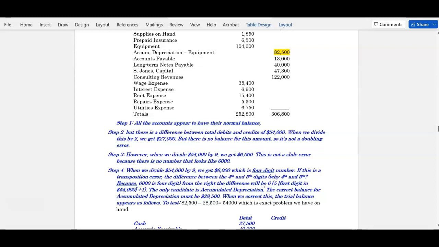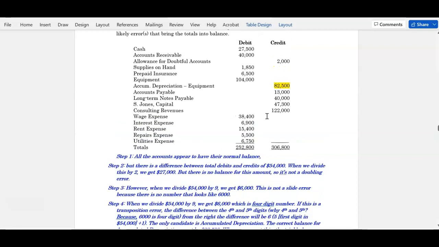So the difference that you are looking for is 6. Which digits? The 4th and 5th. What difference? 6.